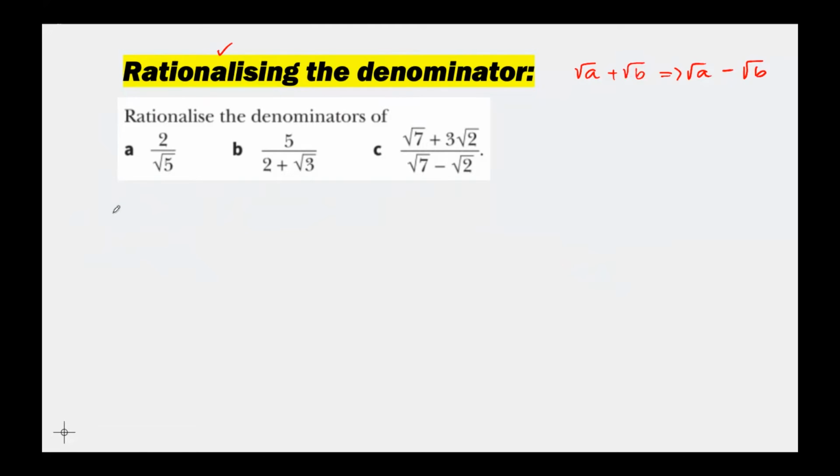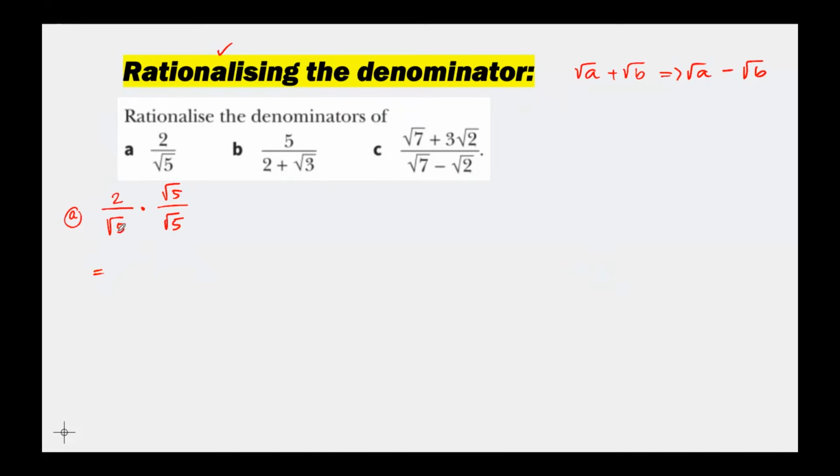So let's say for item A, if you notice, this is just 2 over square root of 5. So in order for us to get rid of the square root of 5, how do we do that? We only need to multiply by itself, isn't it? Why do we need to multiply by itself?